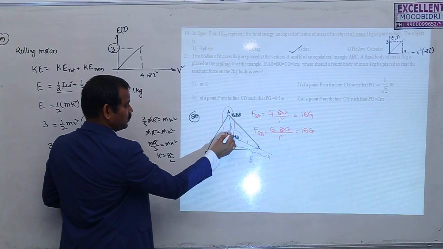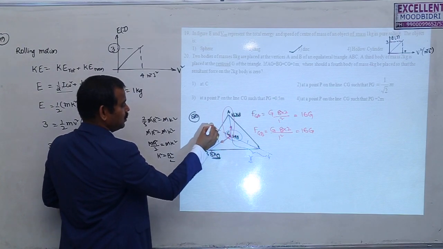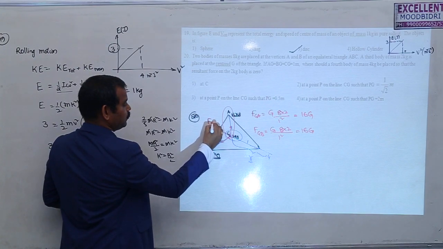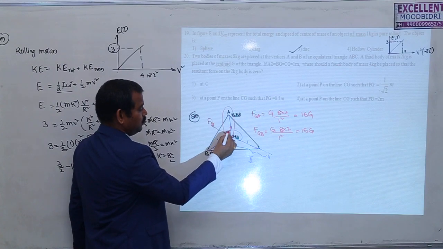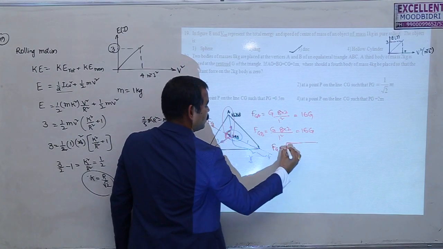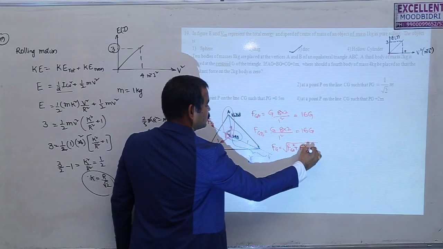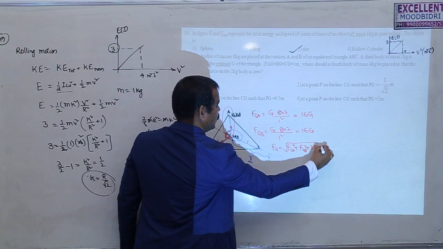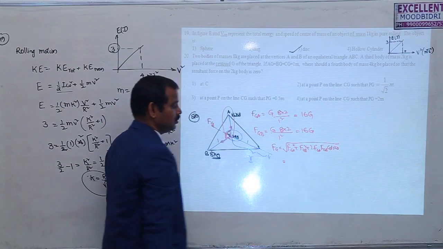As these two are attracted by this one, this is FGA, this is FGB. The resultant of these two will be FG. The angle between these two medians will be 120 degrees. So FG is given by root over FGA square plus FGB square plus 2 FGA FGB cos 120.